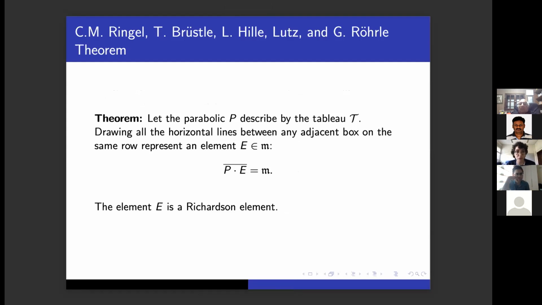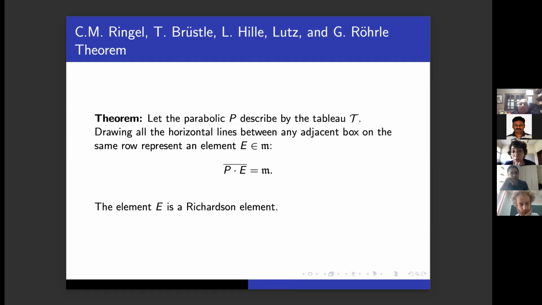They say: take a parabolic, describe it with a tableau, and draw all horizontal lines between any adjacent boxes, as we did. The represented element E is in M, and the closure of the P orbit of E is equal to M. Really nice.